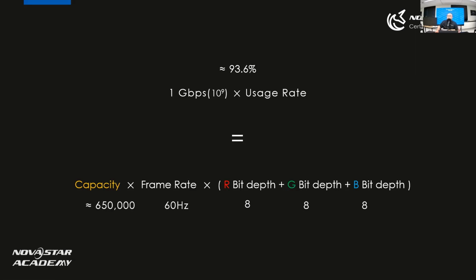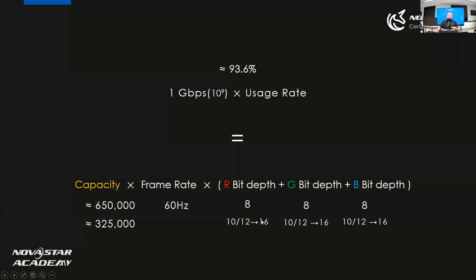So if we calculate well, the loading capacity of each single output under 60 Hertz, with a color depth of 8, will be 650,000 pixels. If we change the color depth to 10 bits or 12 bits, no matter 10 bits or 12 bits, we always calculate at 16.